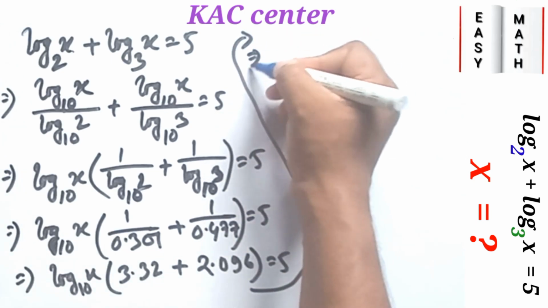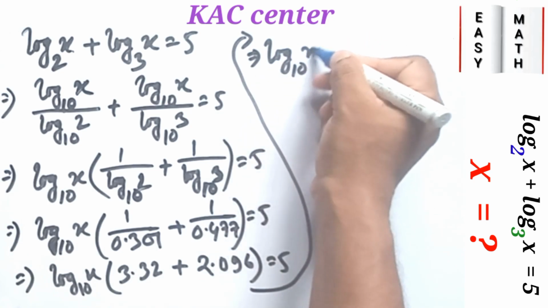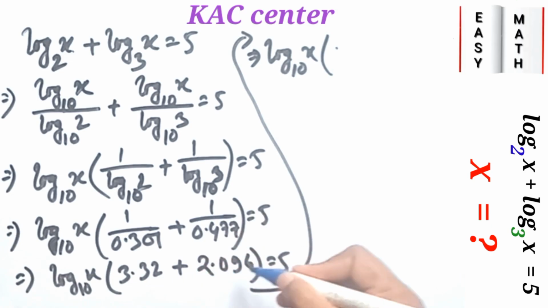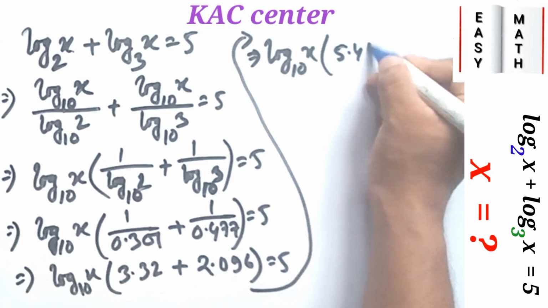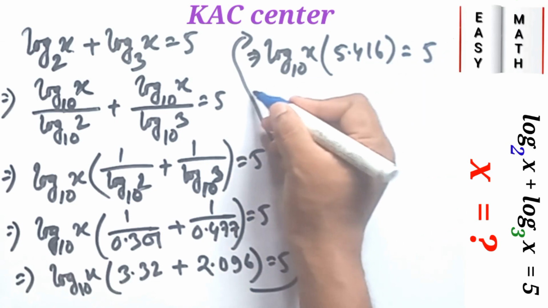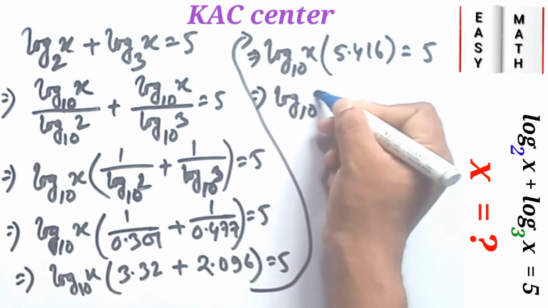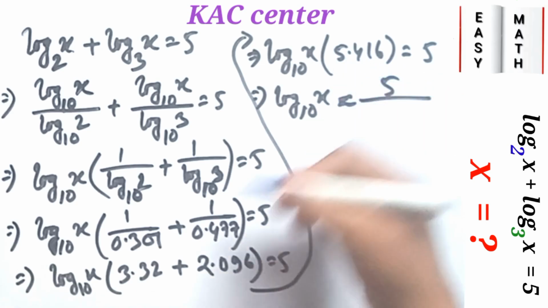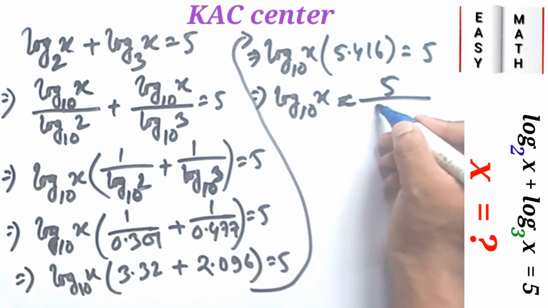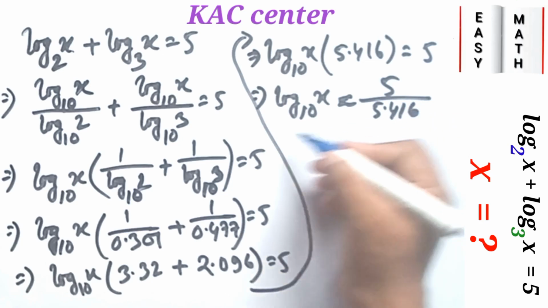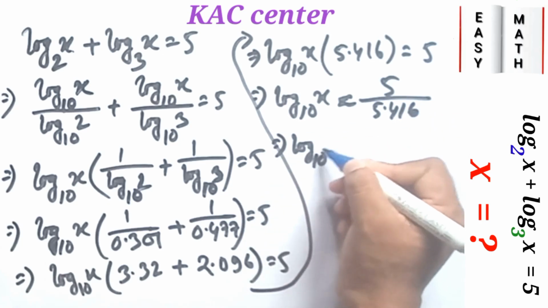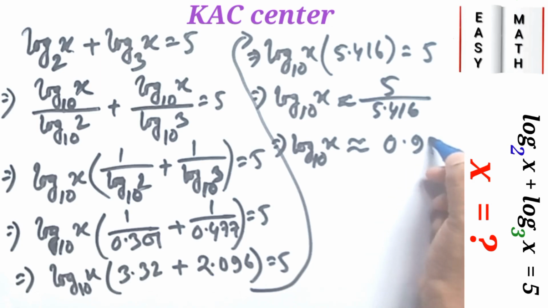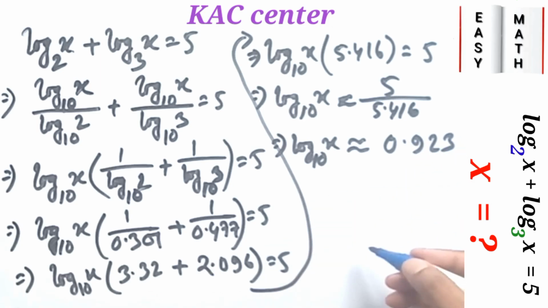From here we can write log base 10 of x times, plus, the value is 5.416, this is equal to 5, and log base 10 of x is approximately 0.923, and we know the formula.